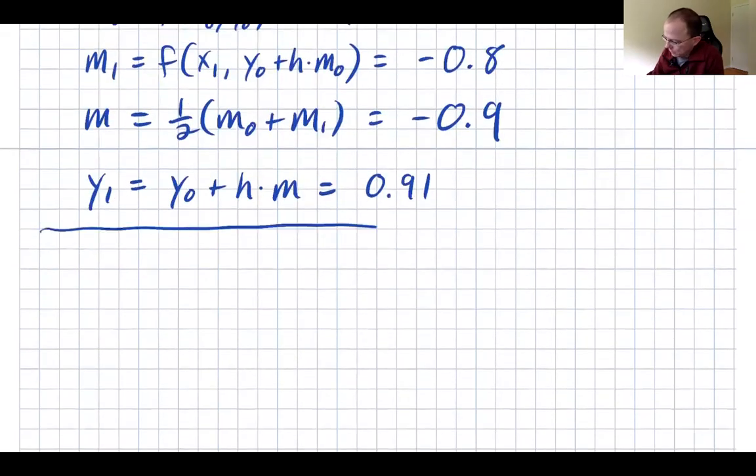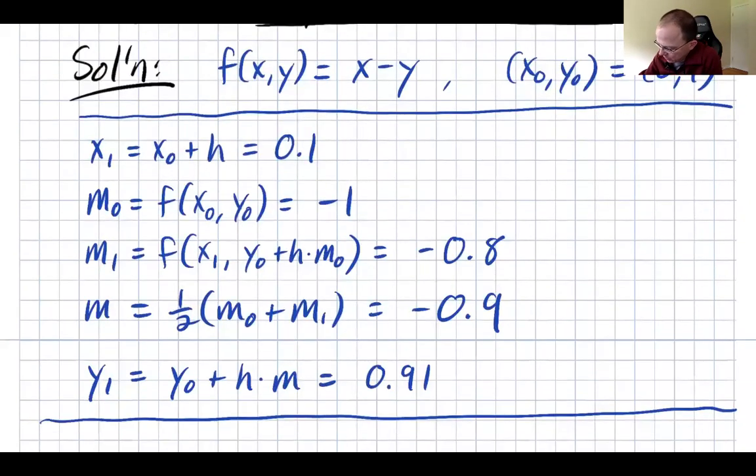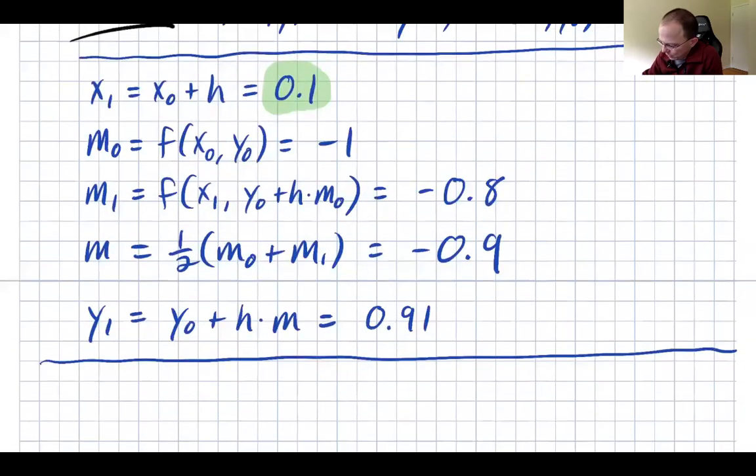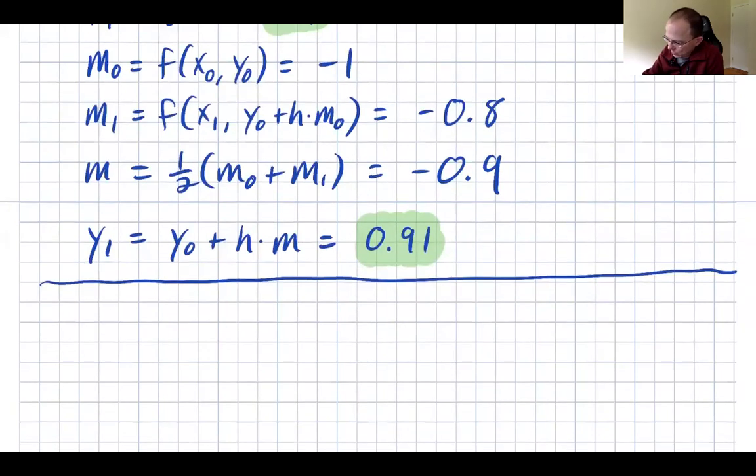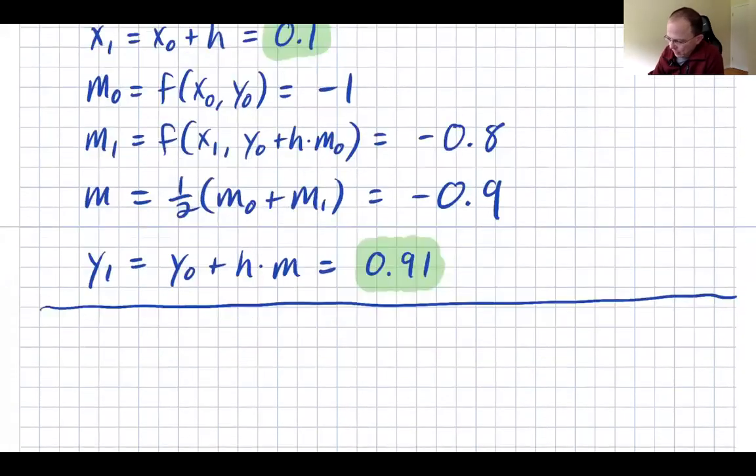All right, so let's just highlight the values that we need from here. So we're going to keep track of this 0.1 and this 0.91. Okay, so now we just want to repeat this process again.